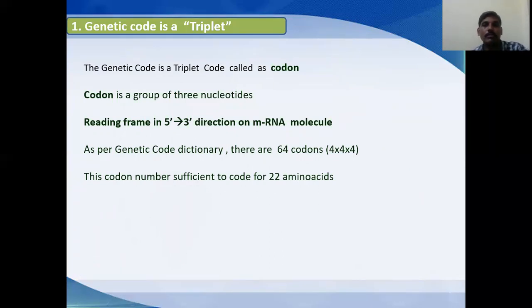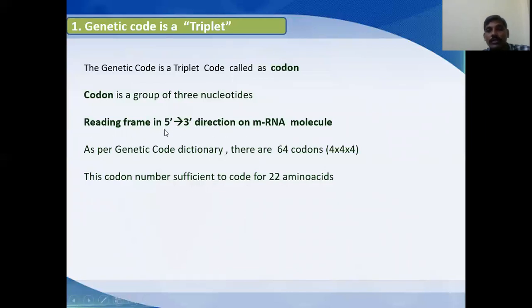In natural phenomena, every living organism constructs different types of protein molecules with the help of genetic information present in the DNA molecule. So the genetic code is a triplet code called a codon. A codon is a group of 3 nucleotides. These codons are always read from a starting point, that is the 5' end of the RNA molecule.